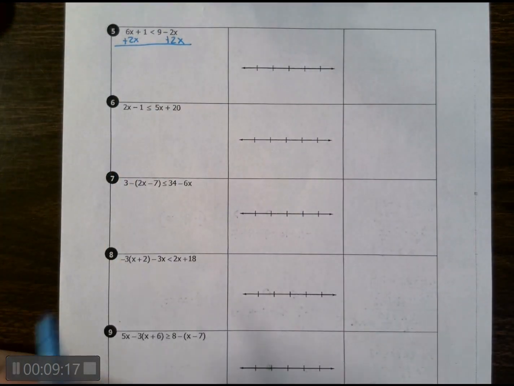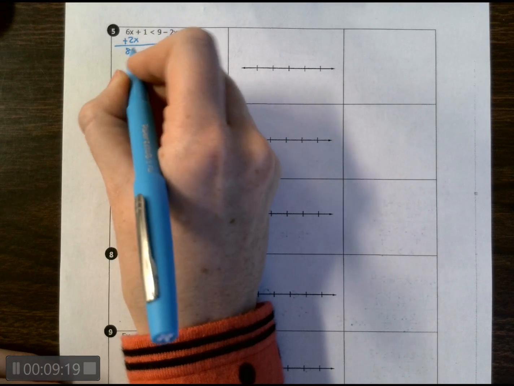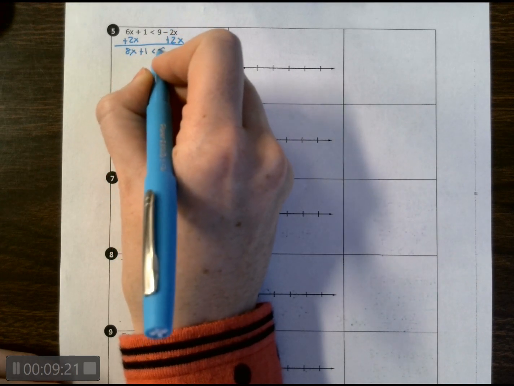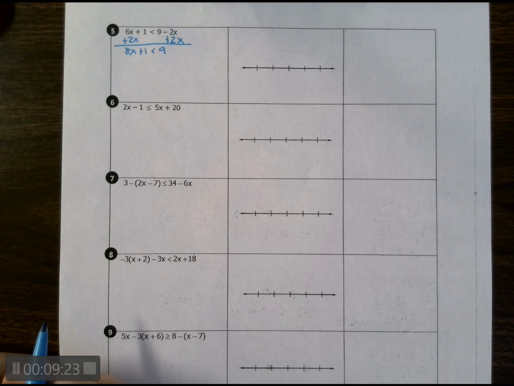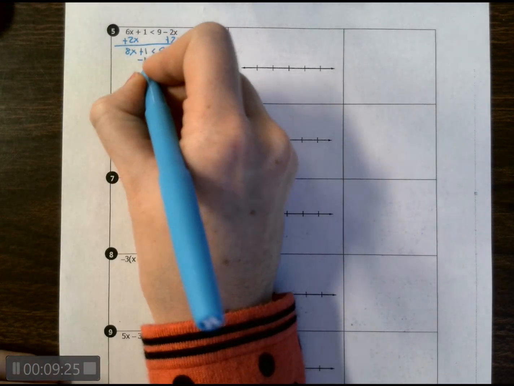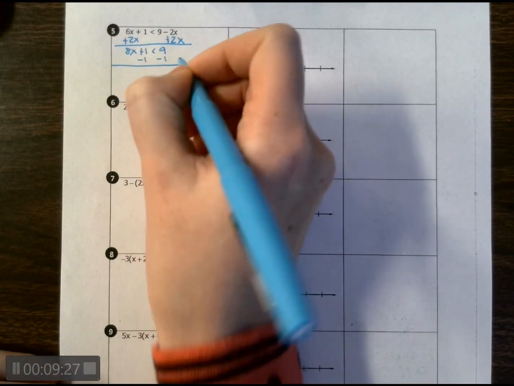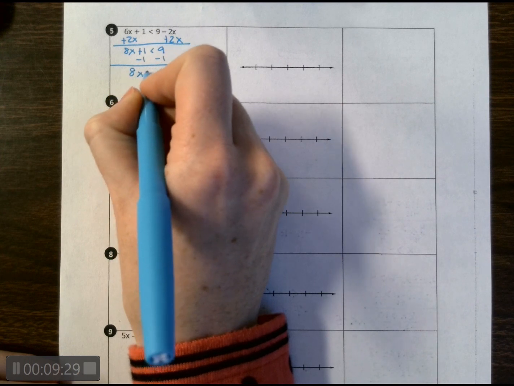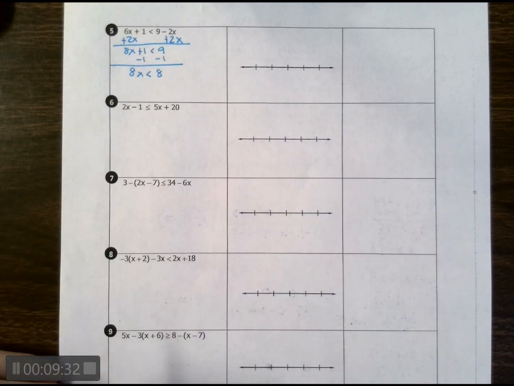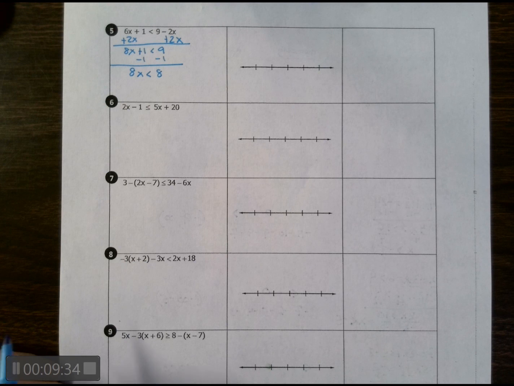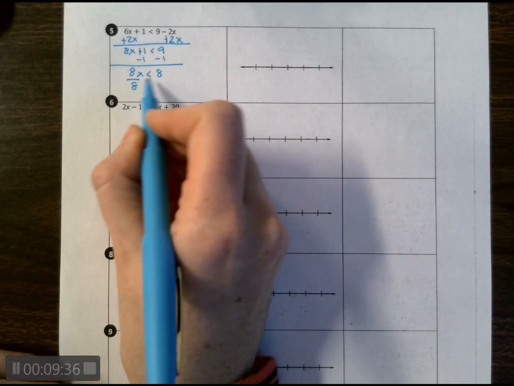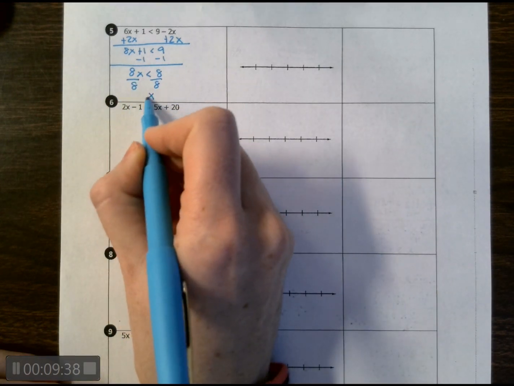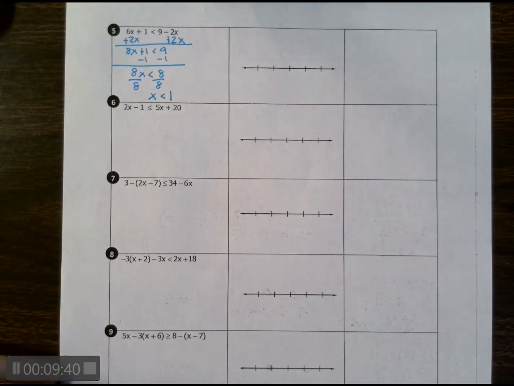So 6x plus 2x is going to give me 8x. Bring down your 1 and your 9. Then I'm going to subtract 1 from both sides to get 8x is less than 8. Okay? Then I'm going to divide by 8. So x is less than 1.